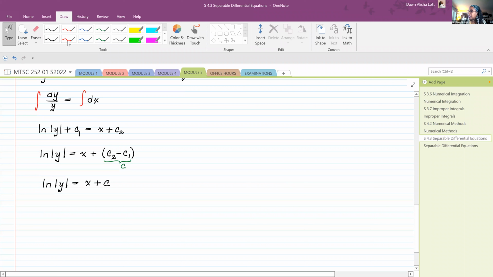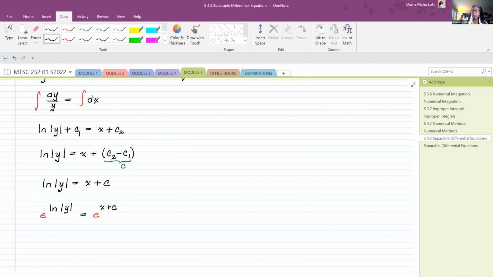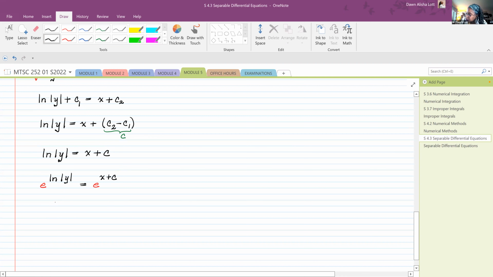So if I take e to the natural log of the absolute value of y, I will get e to x plus c. And I can write that as, on the left-hand side, I just get the absolute value of y, which I'm going to be able to drop in a minute. And then on this side, I get e to the x times e to the c.